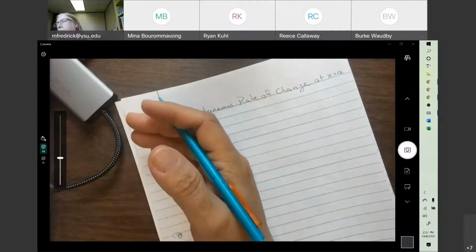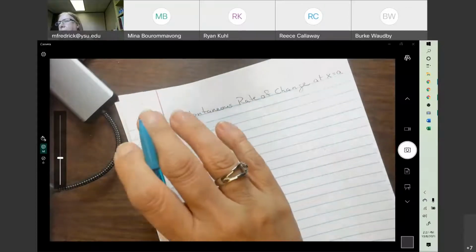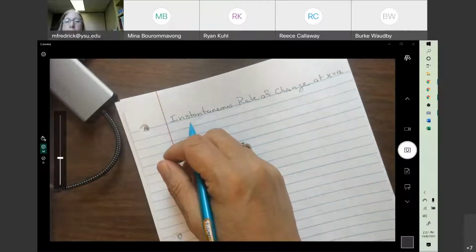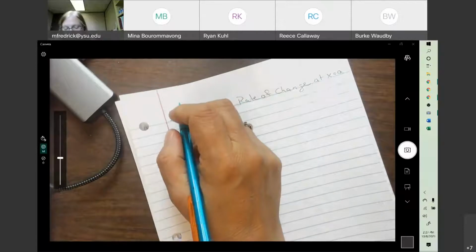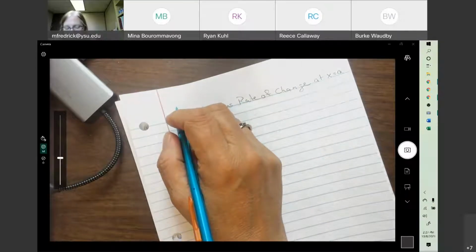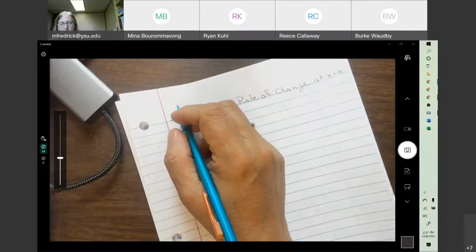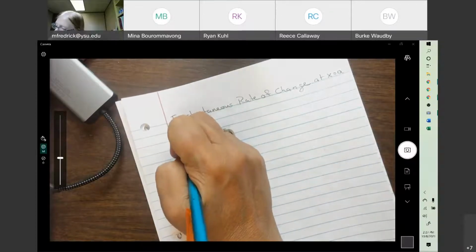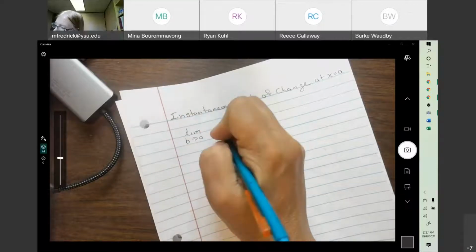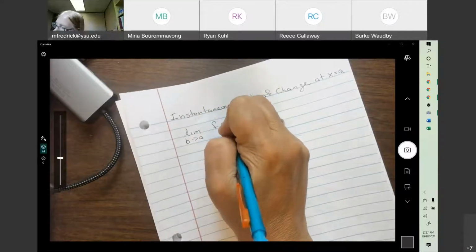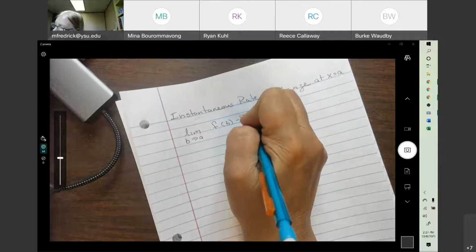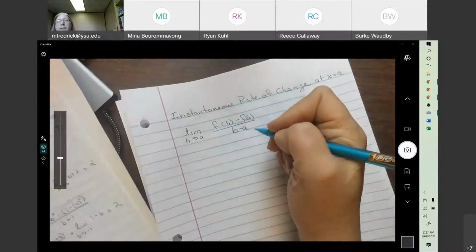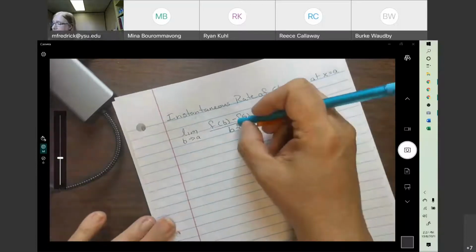So if you were at 10, it's telling you if you went one more, how much y would increase by. Oh, we gotta give you the formula first. The limit as b approaches a of f of b minus f of a over b minus a. But this time, we only have an a value.